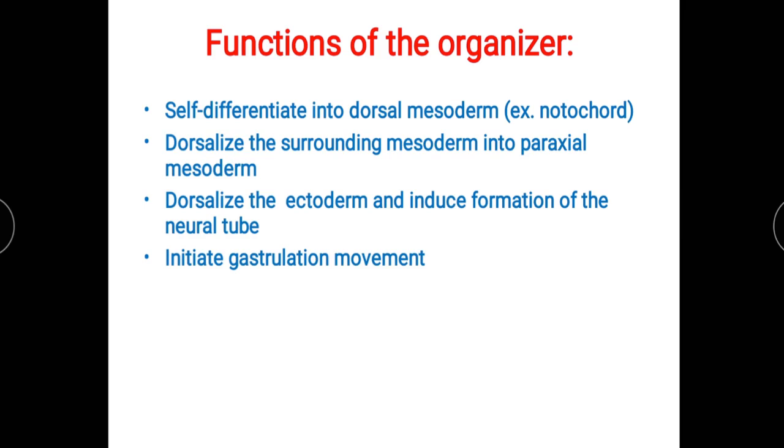So what are the functions of this organizer? Remember, it self-differentiates into the dorsal mesoderm. It is going to form the notochord. It dorsalizes the surrounding mesoderm into the paraxial mesoderm. It dorsalizes the embryo, meaning it defines the dorsal axis.